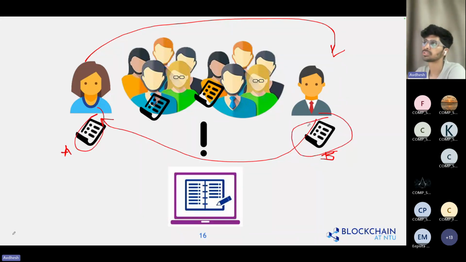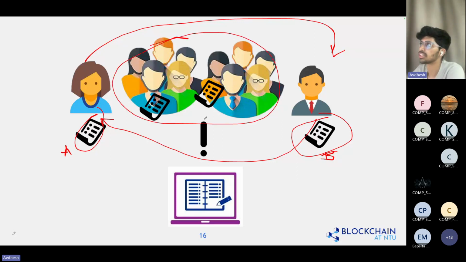But the problem comes when we have a group of people. Maybe there can be a malicious guy here, let's suppose named David. David doesn't want to write on his ledger, and how can we prove which ledger is correct?